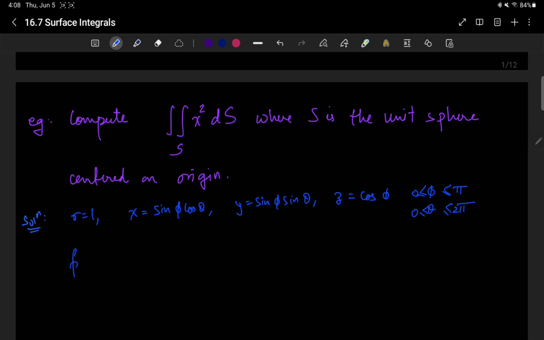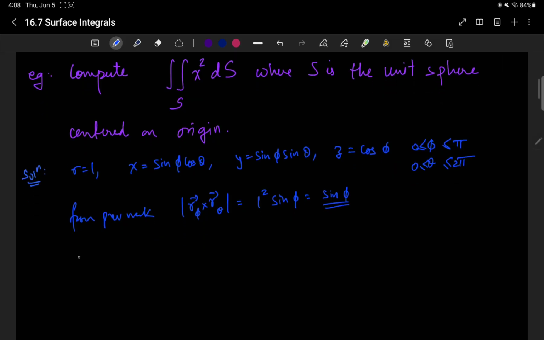And we have seen from previous work that the role of UV here is played by phi and theta. So if we take r_phi cross r_theta and we find the magnitude, it comes out to r squared sine phi, which in this case is just sine phi because the radius is 1.